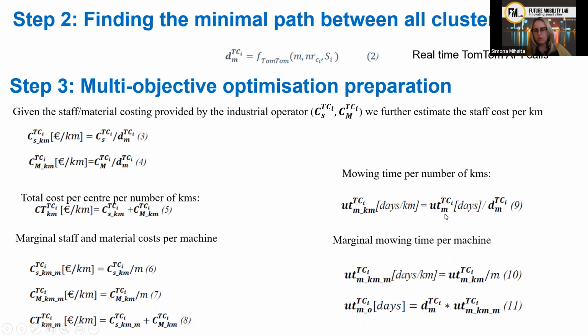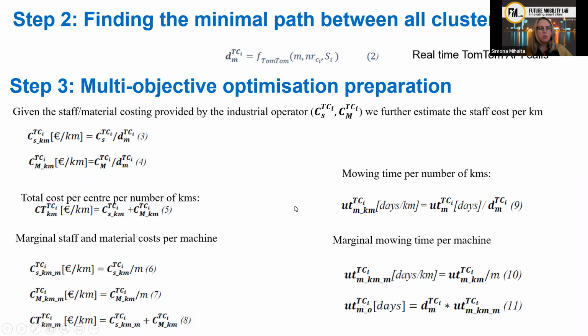And what we have done is divide that utility time, which we received in number of days for each technical center, by the minimal distance obtained at step 2. This is how we calculated what we call the utility time of a center, which has a specific number of machines M, per kilometer.